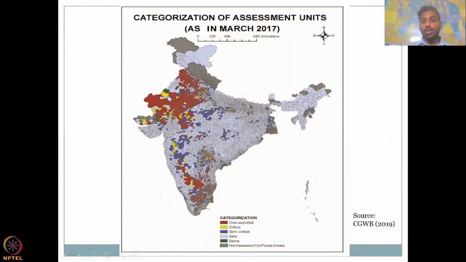For example, these could be due to agricultural activities, whereas your critical and semi-critical regions along Bangalore, Chennai, and Hyderabad could be because of tremendous use of groundwater for industries and domestic use. Even though agriculture is the major user of groundwater, in local urban settings, if the groundwater recharge is not happening, you are depleting your groundwater aquifer.